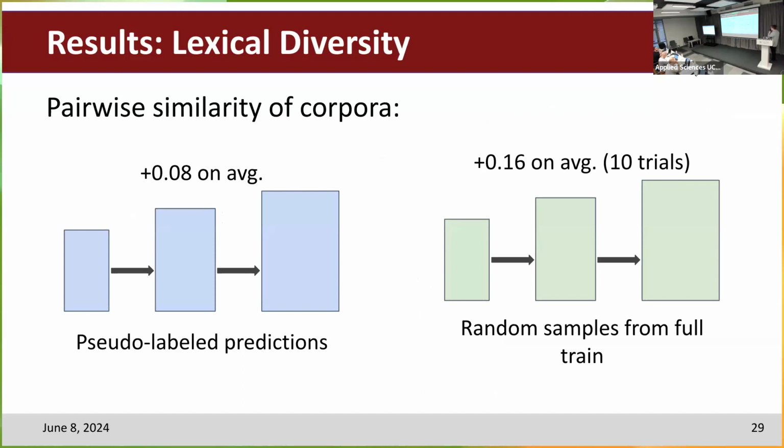And we got an increase of 0.16 in the correlation score on average between consecutive corpora, while for pseudo-label predictions, we got on average plus 0.08, which did not allow us to say that lexical diversity is the cause here, or at least it is not indicative of the problem.